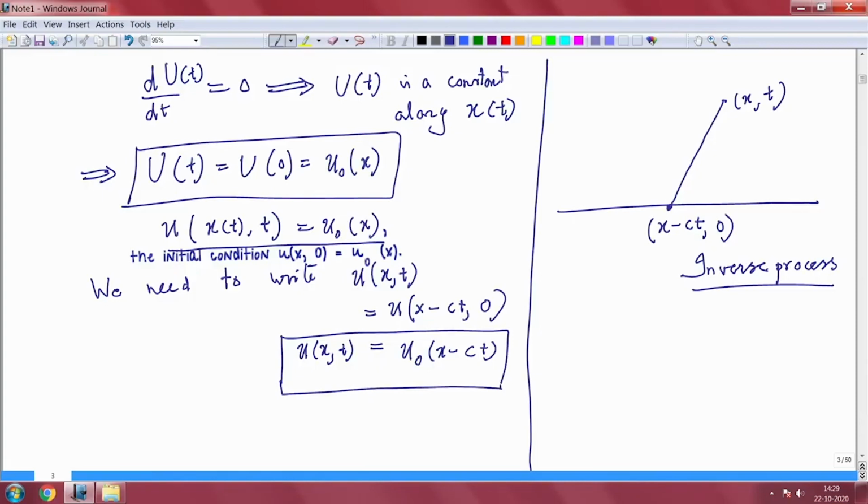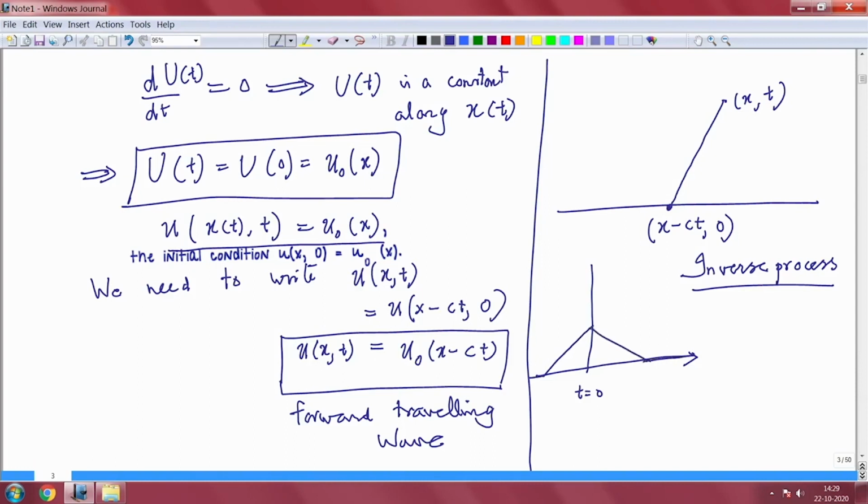This is called a forward travelling wave. If you look at various plots, suppose I plot it here when t is equal to 0, my initial profile is something like that, this is my u naught given.